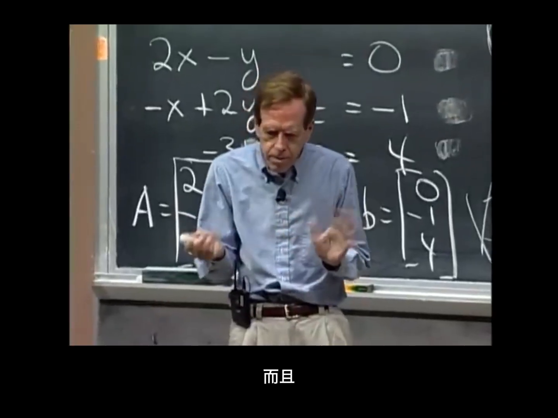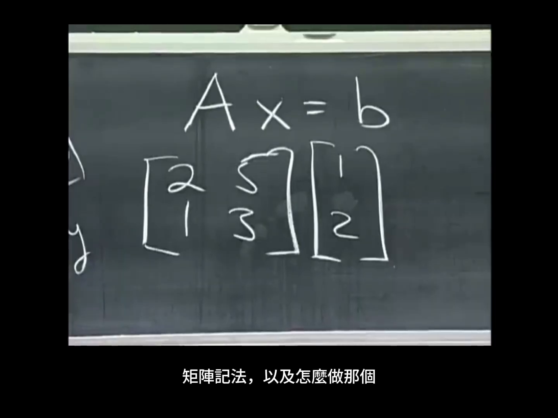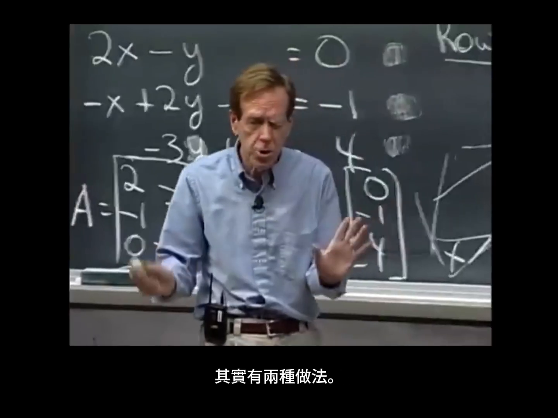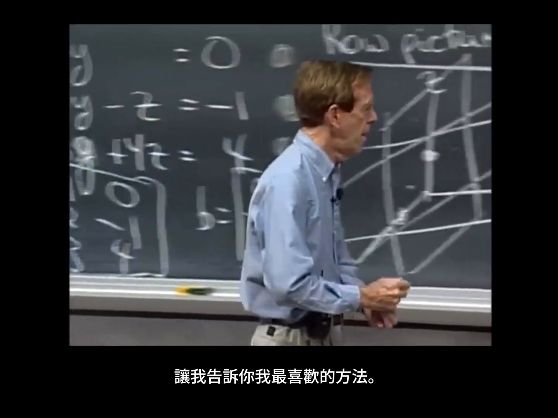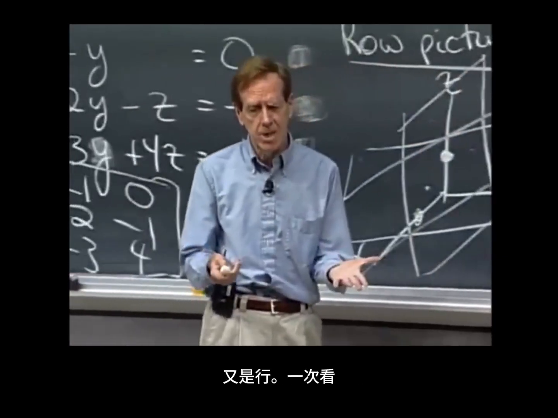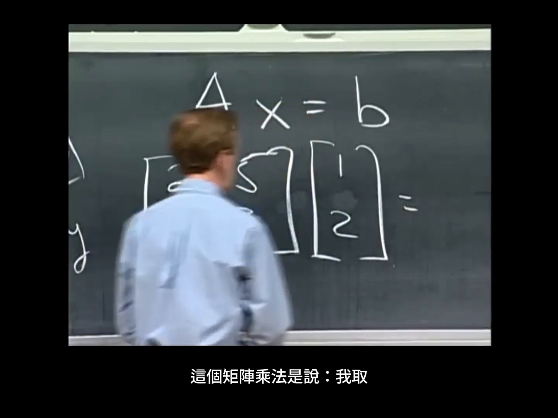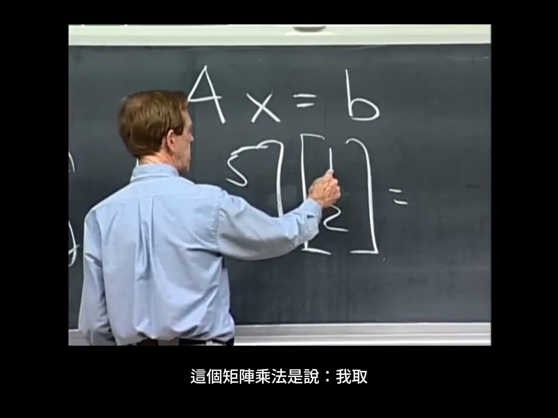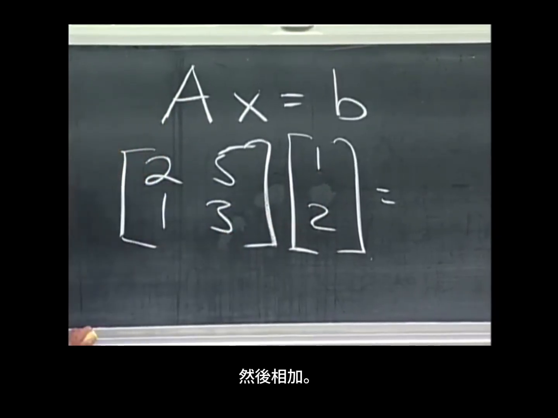How do I multiply a matrix by a vector? Just think a little bit about matrix notation and how to do that multiplication. Actually, there are two ways to do it. Let me tell you my favorite way. It's columns again. It's a column at a time. For me, this matrix multiplication says I take one of that column and two of that column and add.